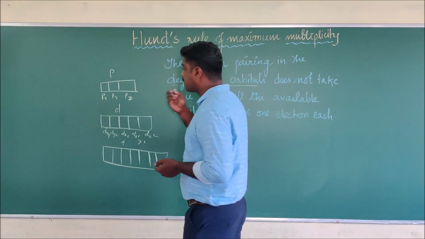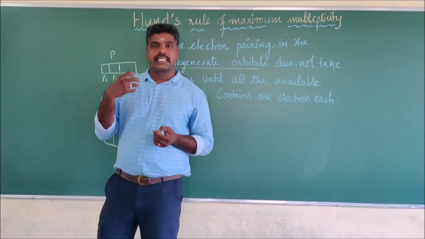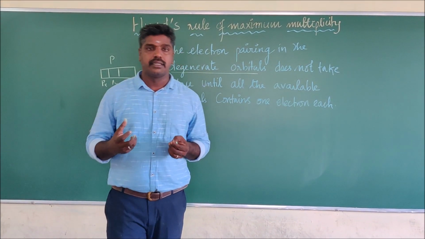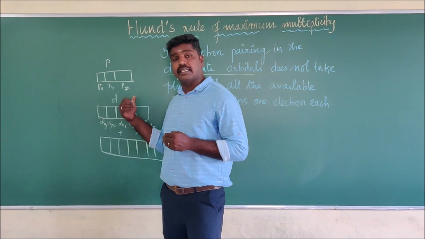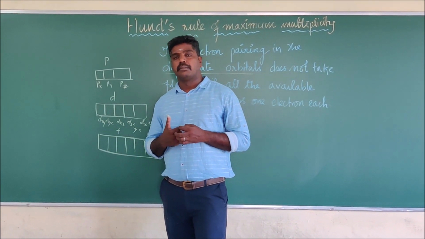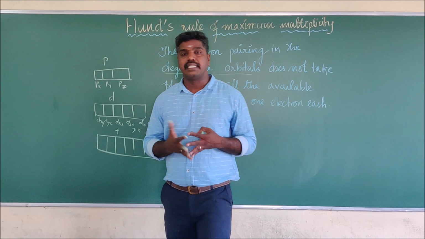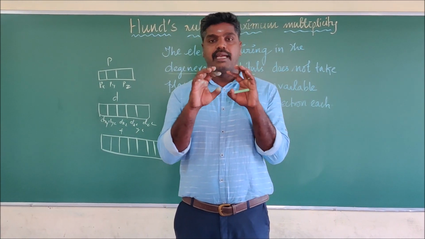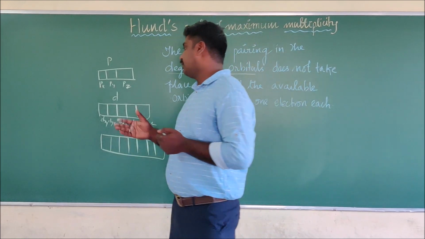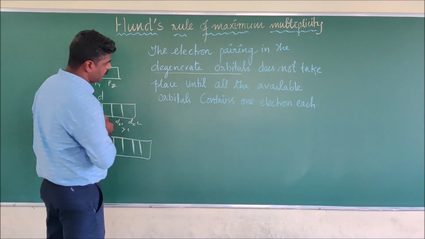If any external source or extra energy is given, an energy difference will take place. Those things were studied in the last section itself. But we know what degeneracy is: the p orbital having 3 suborbitals with the same energy is called degeneracy. Likewise d and f.